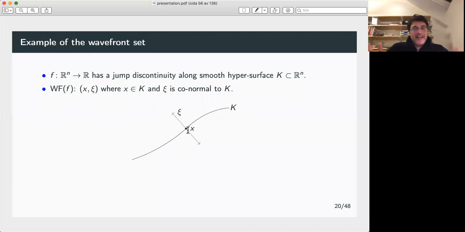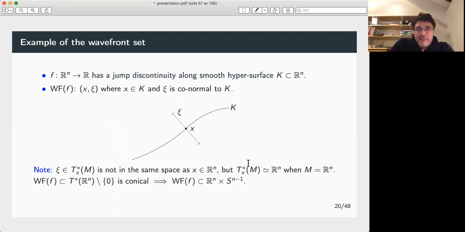So in that sense, it's trying to put it in a more physical, intuitive setting. So essentially the wavefront set would be the point x and these two co-normals, so to say. Okay, and this is just the same remark, be careful that psi is actually not an element in the same space as x. Especially, that's definitely not the case when you're dealing with a manifold here, but okay.